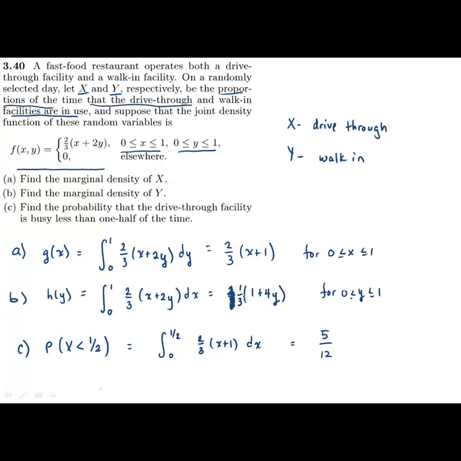Thank you. Any other question? Okay. So this is the type of problem that you can expect from the joint probability distributions. Find the marginals, find the probability for one of the random variables, and so on. Okay?